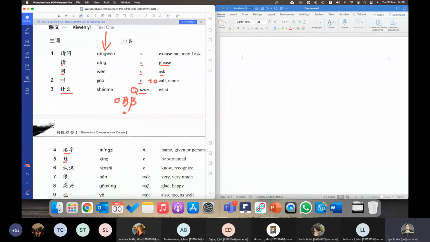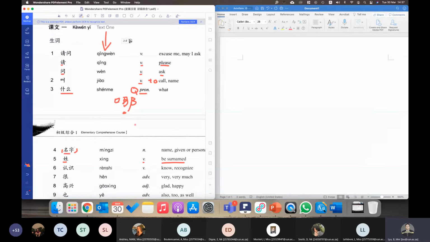姓 is your surname. Well, in classic Chinese times, 名 and 字 were two totally different things. But now Chinese people don't have 字. We only have 名, so 名 and 字 become together. 名字 is your name. 姓 is your surname, or to be surnamed as a verb.